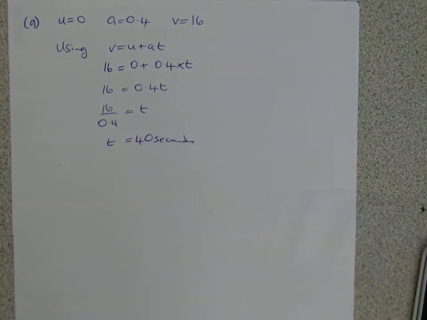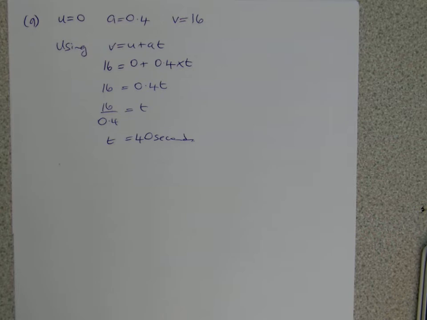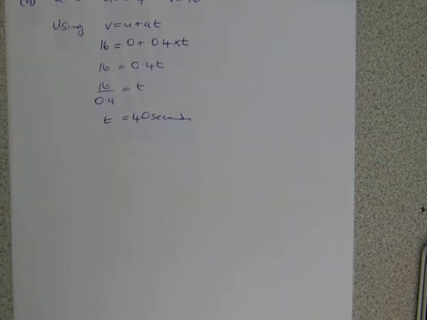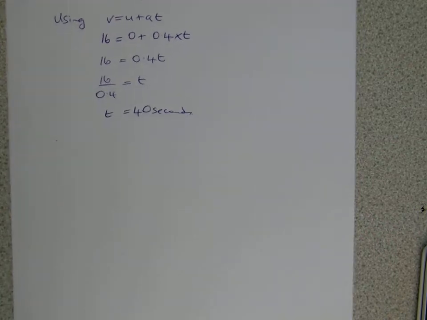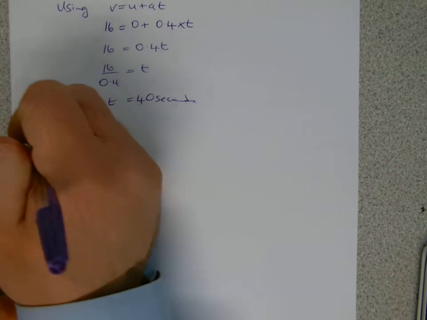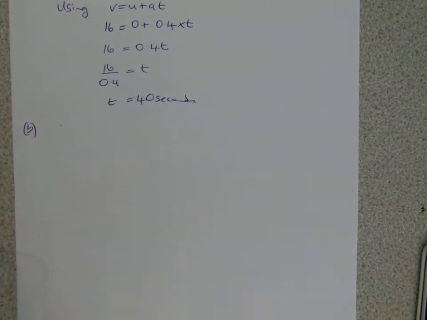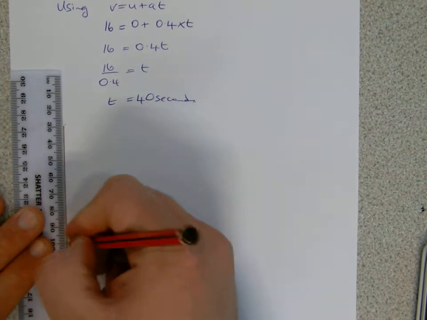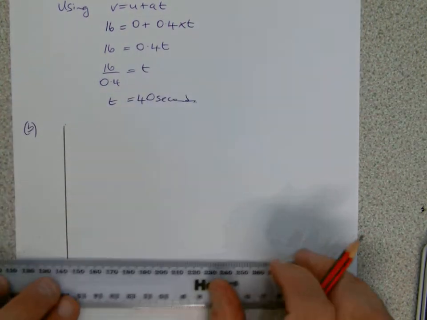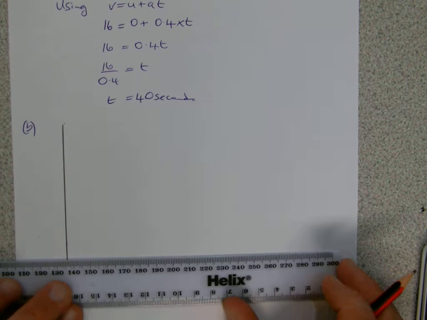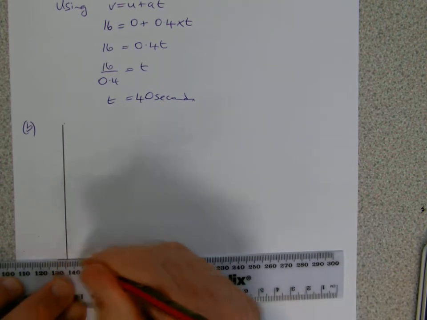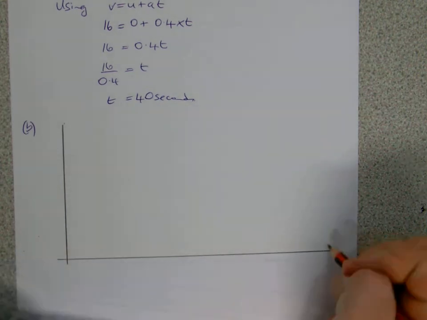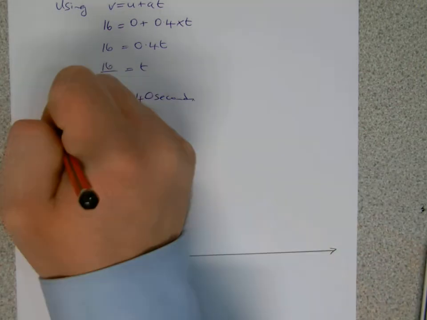Part B says draw a sketch of the v-t graph for the journey from A to B. So when it comes to your v-t graph, the first thing I'm going to do is draw a nicely sized set of axes. Remember this is a sketch, so we're not looking to get the scale perfect, but we want to get it looking as useful as possible.